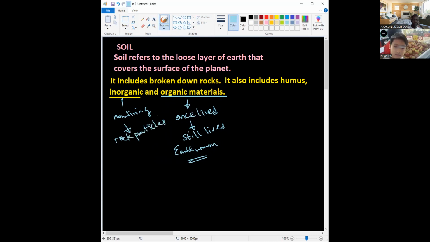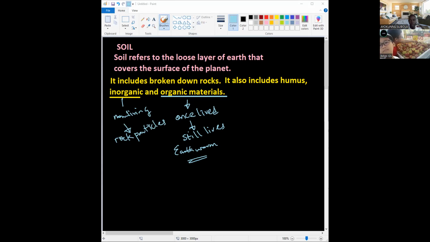So the soil is part of the Earth's surface, which includes disintegrated rocks. The meaning of disintegrated is broken down rocks. Then humus, inorganic and organic material.